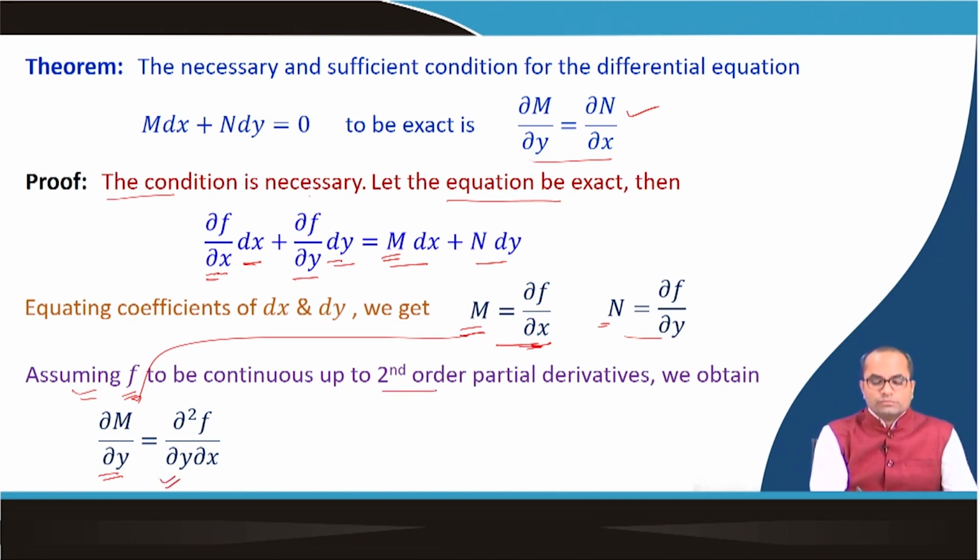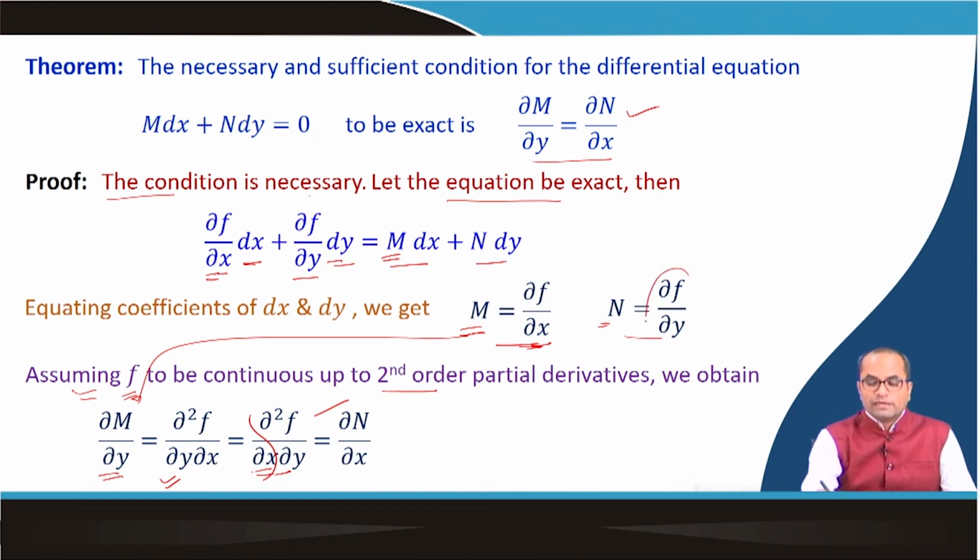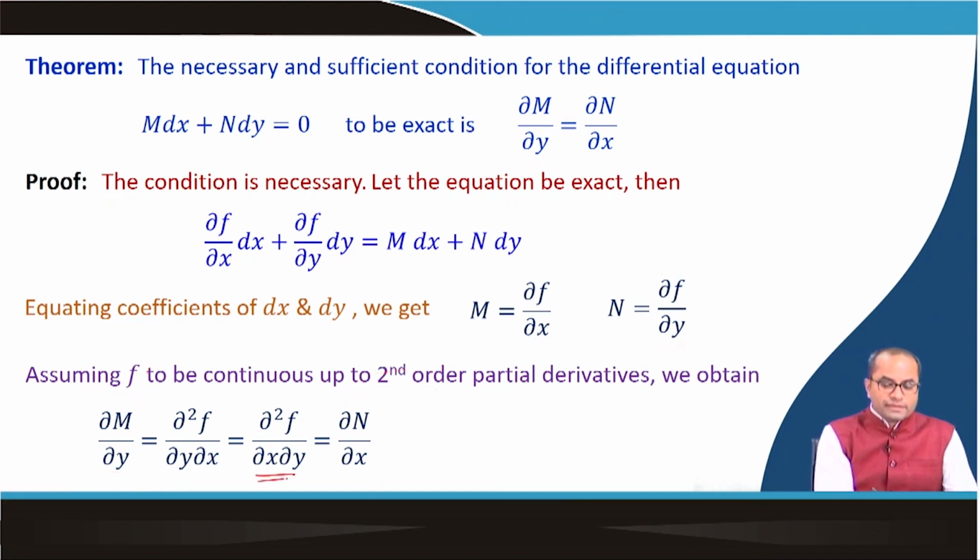And since we assume the continuity of these derivatives, this will be equal to the other mixed derivative, that means del 2 f over del x del y, which we can write as del over del x of del f over del y, and del f over del y is basically N. So, here we have the partial derivative with respect to x, which is del N over del x.